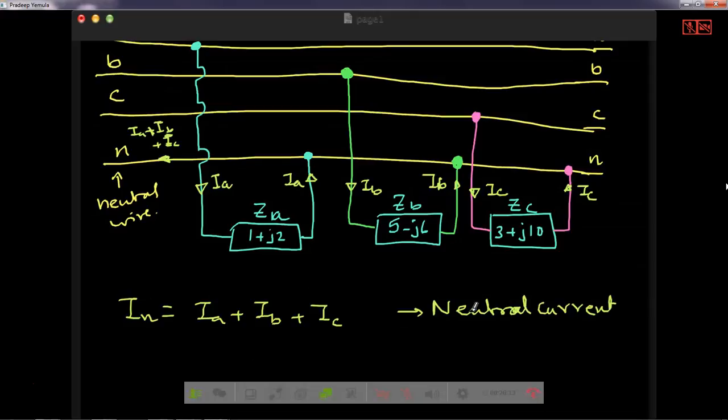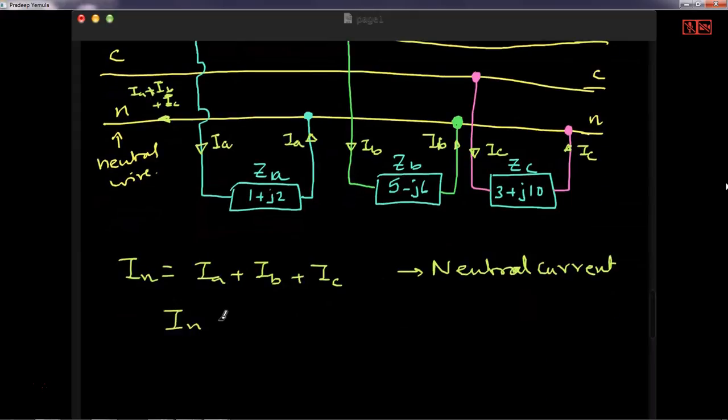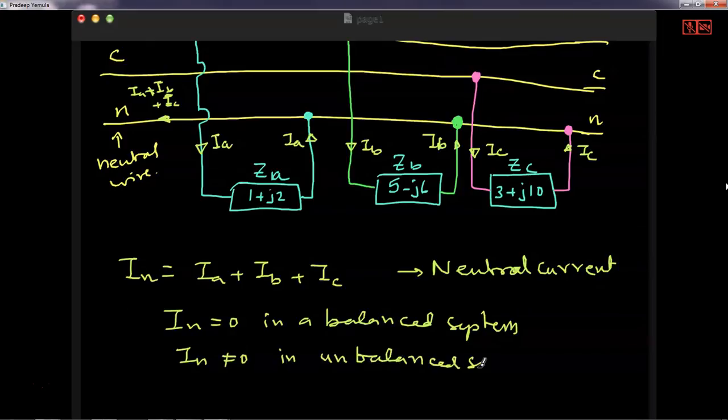Now in a balanced system, you know that IA plus IB plus IC is equal to 0. So IN equal to 0 in a balanced system. So IN not equal to 0 in unbalanced system. In fact, you see this system is unbalanced because the impedance in A phase is different from impedance in B phase, which is also different from impedance in C phase.